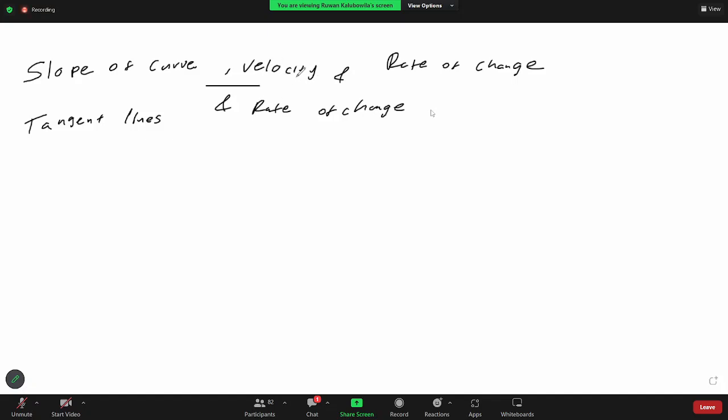Later we can discuss velocity also. So they are the same, but the application is different. That's why we see these terms. But this is a very simple concept.